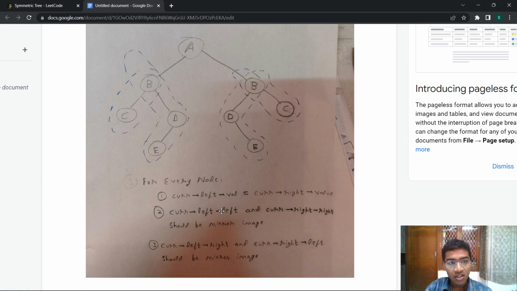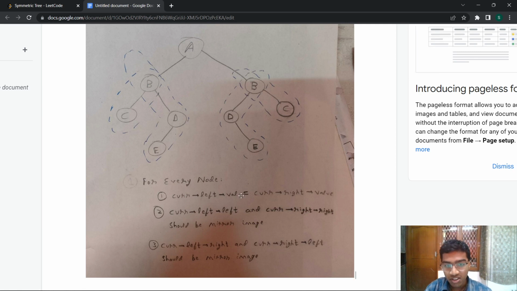Okay, the second condition is, when we are at B, I have highlighted using dotted lines, first of all this subtree B and C. If this subtree is a mirror of the similar subtree present on the right side, this B and C, if they are mirror images of each other, we can say that these two subtrees are mirrors. Similarly, we check the B, D and E subtrees.